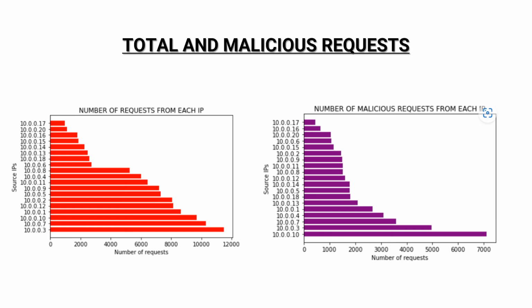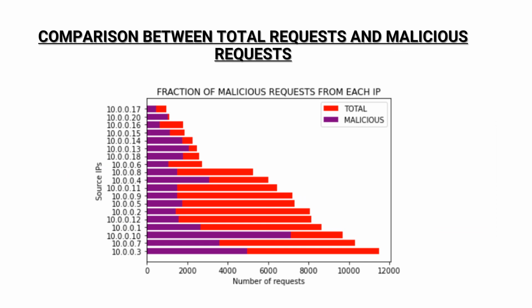We first find the number of requests from each IP using .src.value_counts() and then plot it using plt.barh. Using the same function, we also calculate the number of malicious requests from each IP and then plot the graph. We then merge both the graphs using plt.legend.